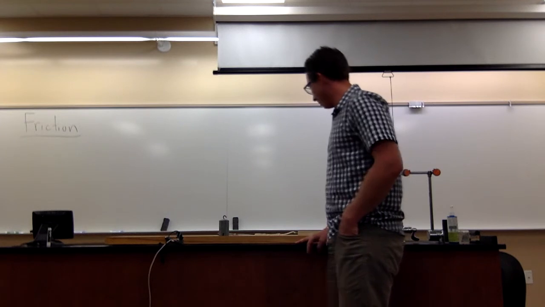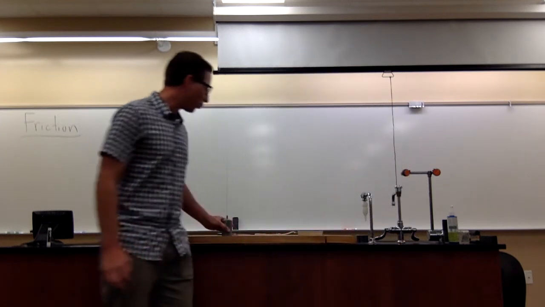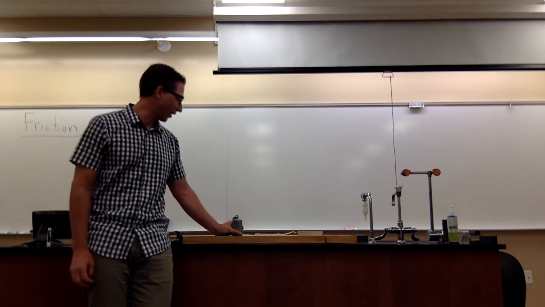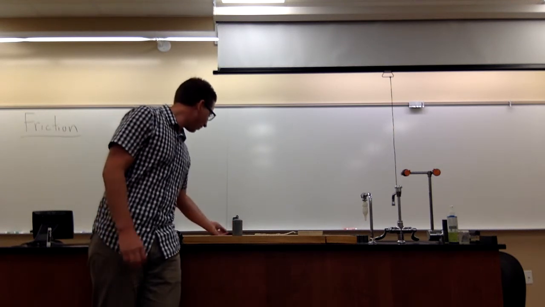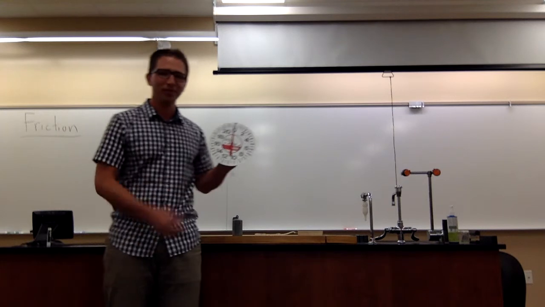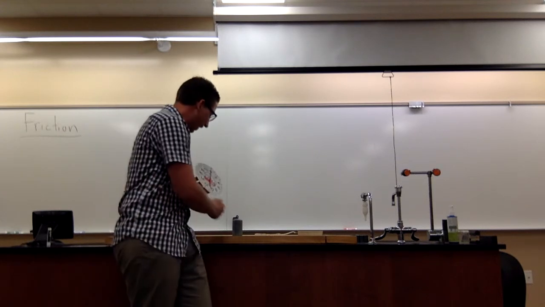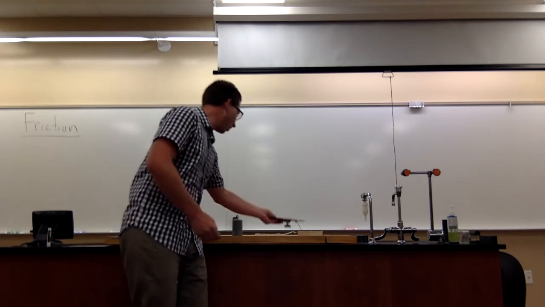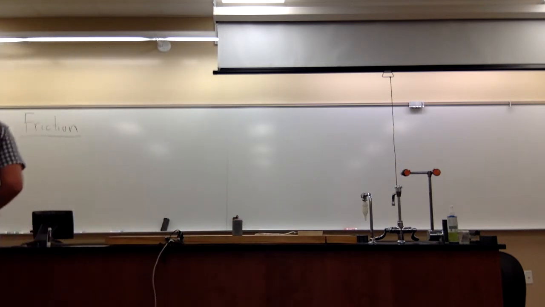So let's see here. What I'm going to do is try to quantify this friction force a little more thoroughly. To do that, I'm going to use a spring scale, and I'm going to use that spring scale to drag a block across the surface. So let me draw a picture of the setup here on the board.